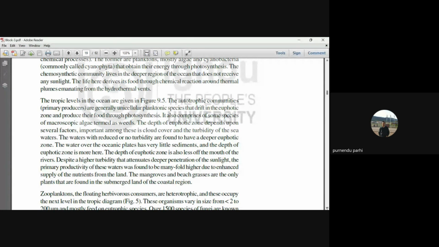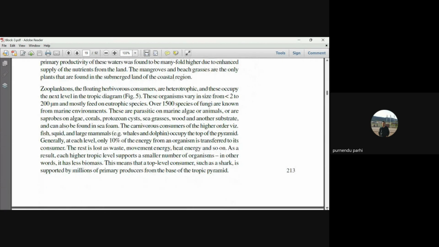Important among these are cloud cover and the turbidity of the seawater. Zooplankton, the floating herbivorous consumers, are heterotrophic, and these occupy the next level of the trophic diagram. These organisms vary in size from 2 to 200 micrometers and mostly feed on eutrophic species.